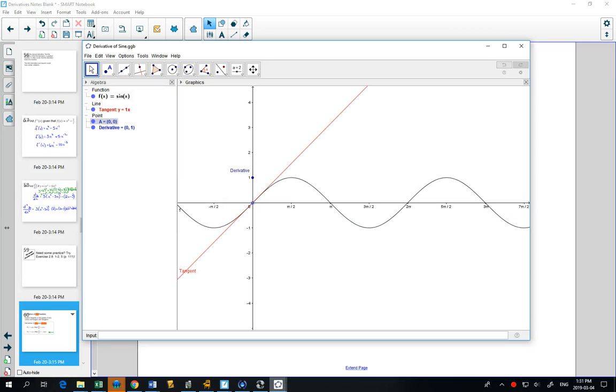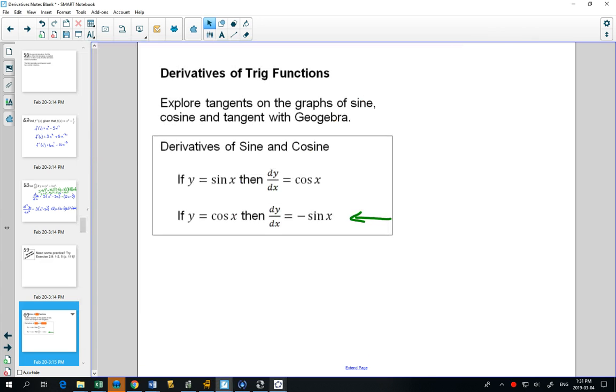If I'm thinking about what happens first as I drag my tangents along sine, this helps me realize it. Are my tangents positive or negative? The first part around 0, my tangents are all positive. That helps me remember that the derivative of sine is positive cos.